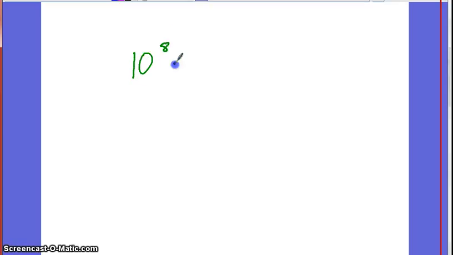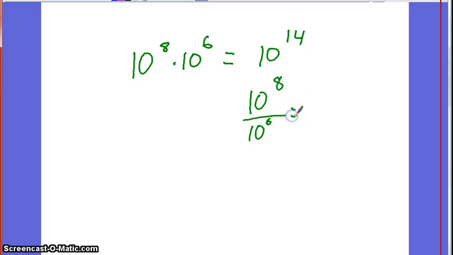So, in theory, we could say this. 10 to the 8th power times 10 to the 6th power would give us, if we apply rule number 1, what? 10 to the 14th power. Excellent. Okay? If I did 10 to the 8th power divided by 10 to the 6th power, what would I end up with? 10 to the 2nd power.